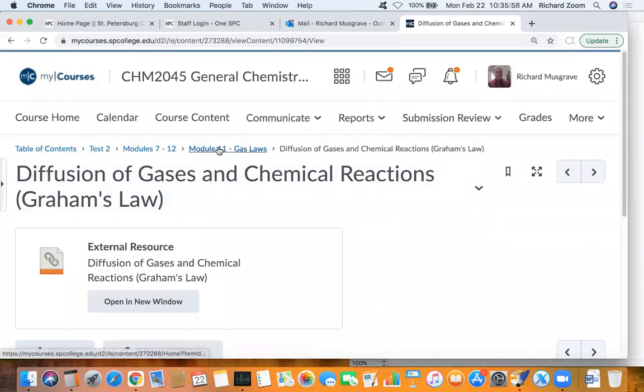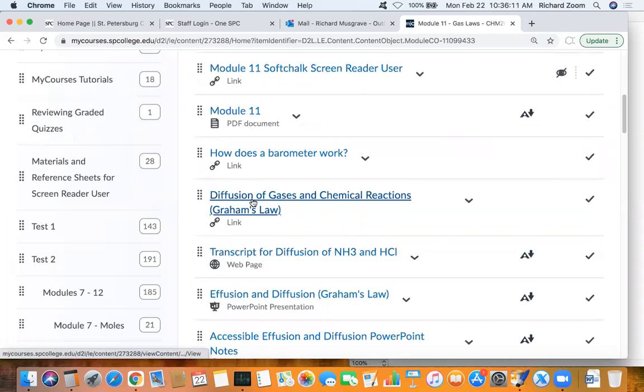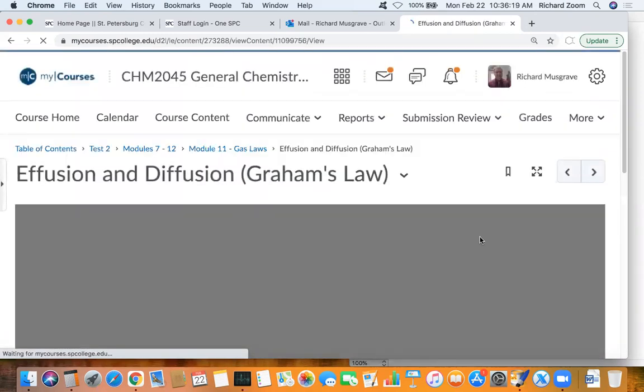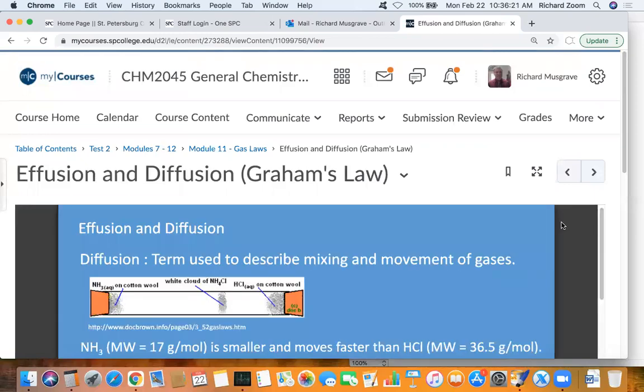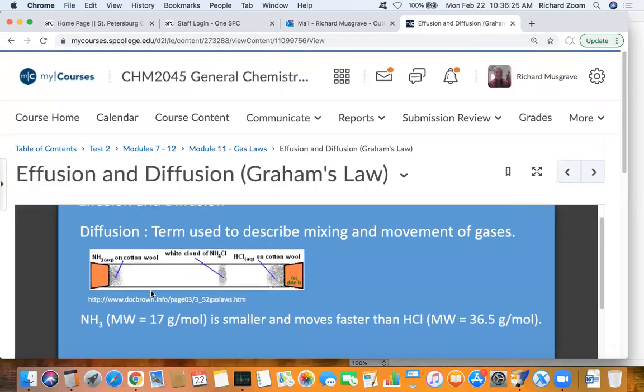So that's diffusion. What we're going to also talk about here is effusion, and we're going to look at Graham's law here. All right, so I've got a PowerPoint presentation about this. Yeah, so I told you about diffusion just now.